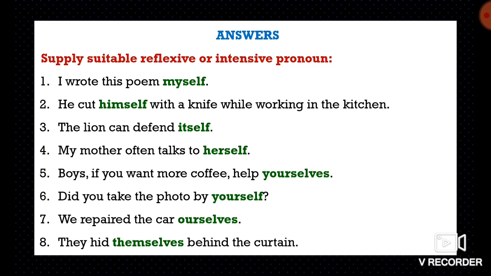Fifth, boys, if you want more coffee, help yourselves. Sixth, did you take the photo by yourself? Seventh, we repaired the car ourselves. And the last sentence is, they hid themselves behind the curtain.